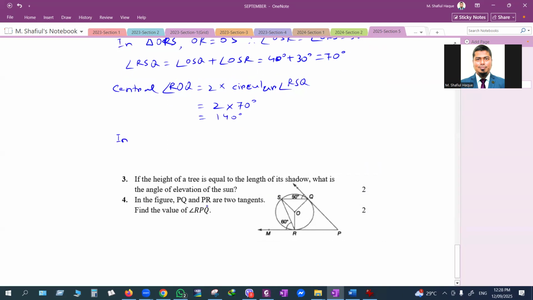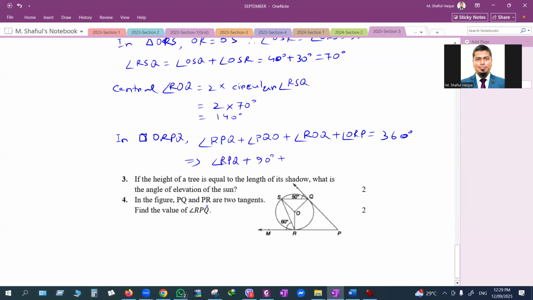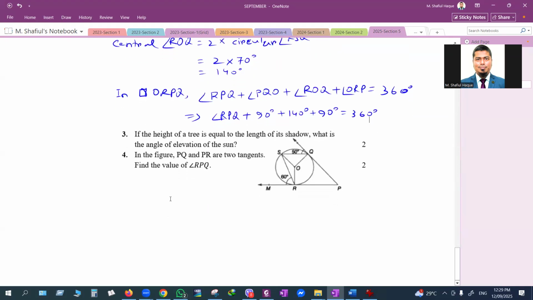So in quadrilateral ORPQ, angle RPQ plus angle PQO plus angle ROQ plus angle ORP is equal to 360 degrees. Now PQO is 90 degrees, ROQ is 140 degrees, and ORP is again 90 degrees.